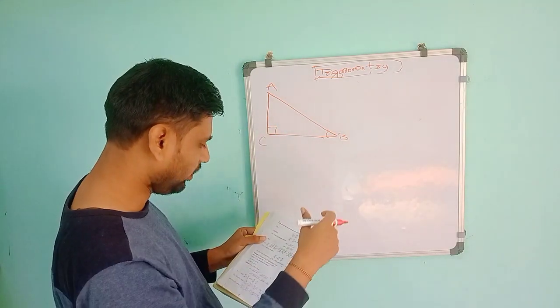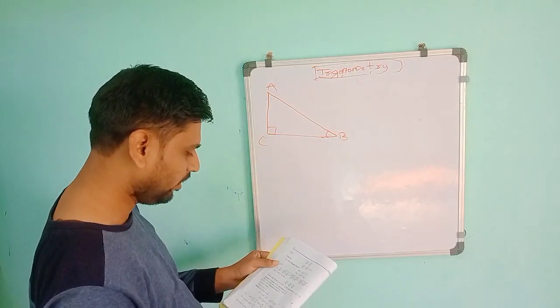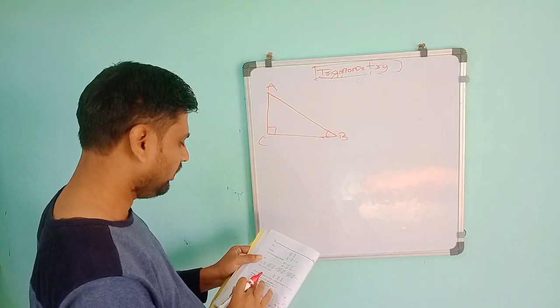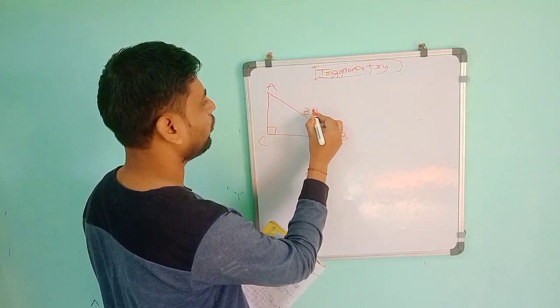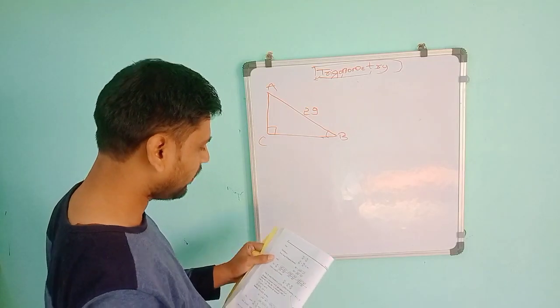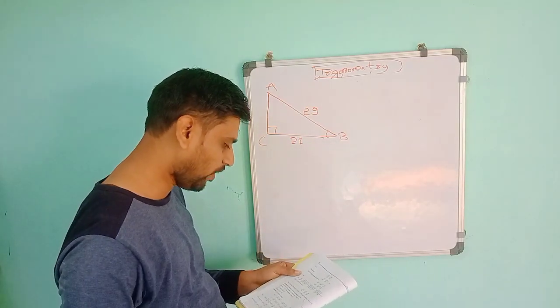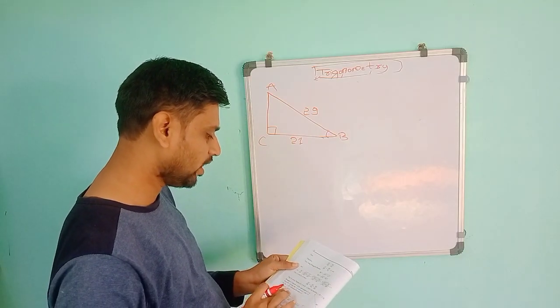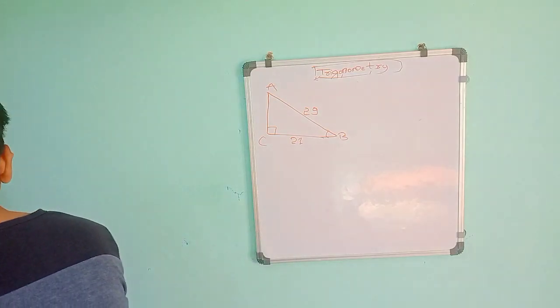Consider triangle ACB, a right angle triangle with right angle at C. Same diagram only. In that, AB is given as 29 units. Then BC is 21 units. Then they told you to find the values of cos square theta plus sin square theta, and cos square theta minus sin square theta.